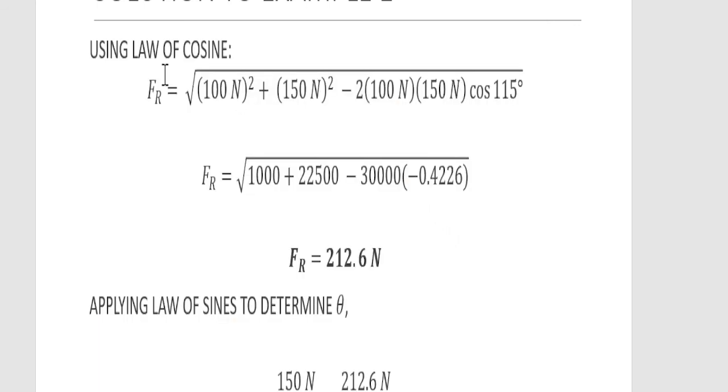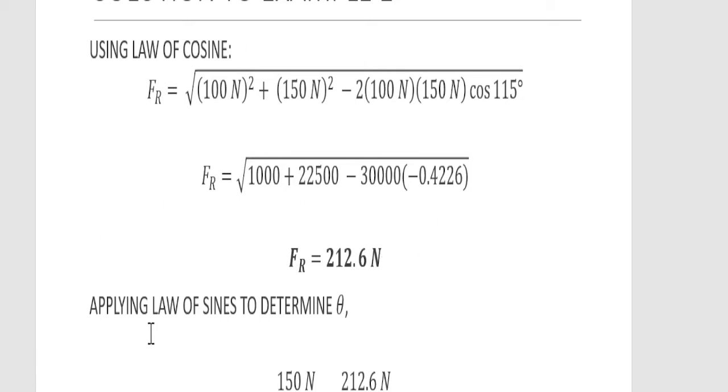So here you can see, by using the cosine law, FR squared equals 100 Newton squared plus 150 Newton squared minus 2 times 100 times 150 times cos 115. The result for that resultant force should be equal to 212.6 newtons. And while calculating, always be careful with the squares, I mean the units.